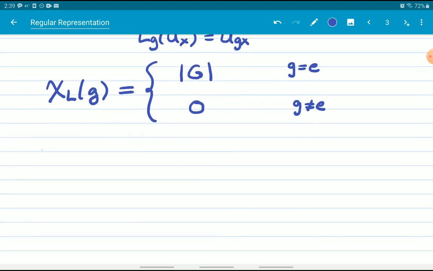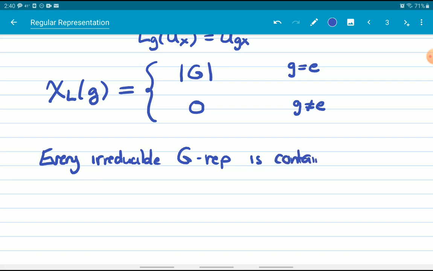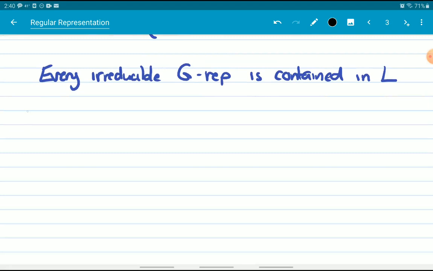Okay, so here's the great fact, which we're going to prove. Every irreducible representation is contained in the regular representation. If you want to find every irreducible, just look for sub-representations of the regular representation. Here's a precise statement.